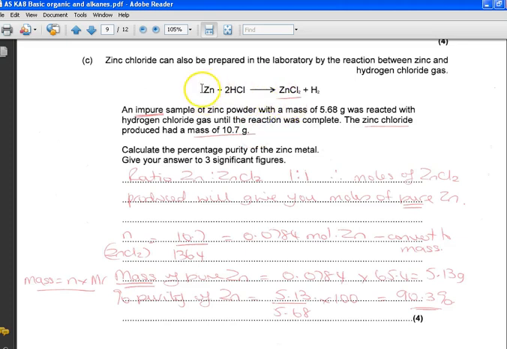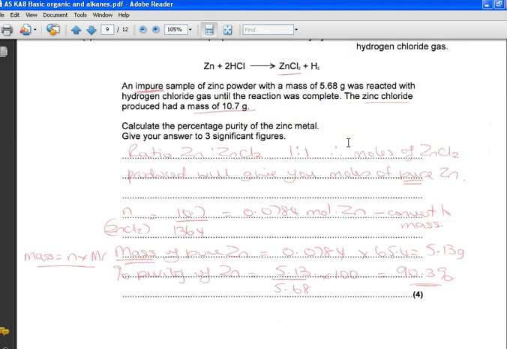Because this zinc is impure, but this zinc has now reacted with the chlorine and formed zinc chloride, so this must be pure. And it's because you've got 1 mole of zinc for every 1 mole of zinc chloride, the mass relates to the moles of zinc as well as the moles of zinc chloride. Okay, I hope I've explained that well enough for those of you who didn't get this right. Some of you did get it right, so you're obviously on the right wavelength.